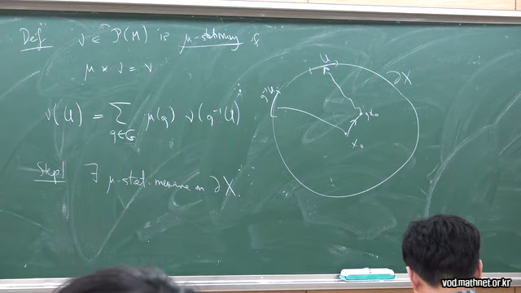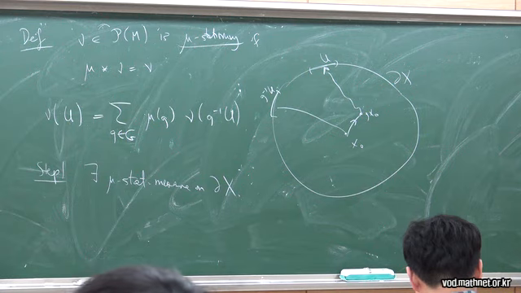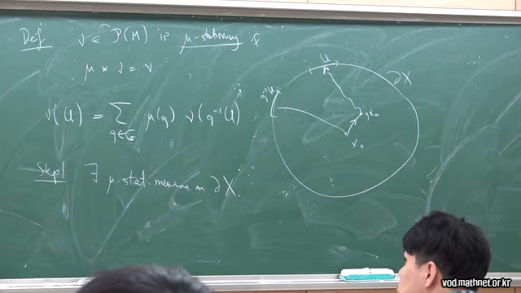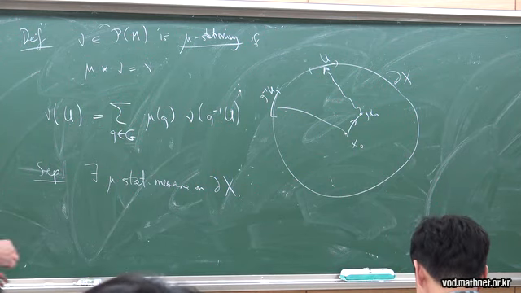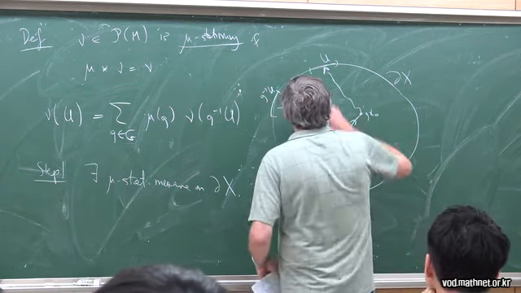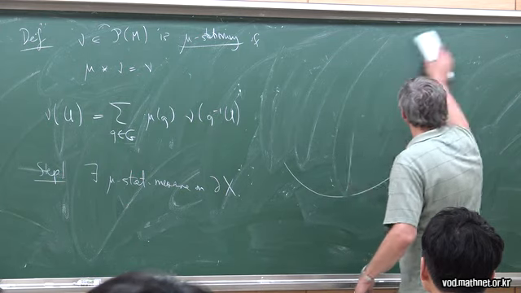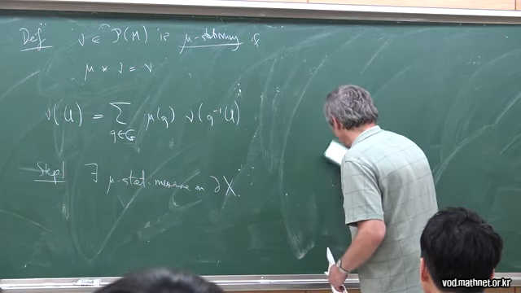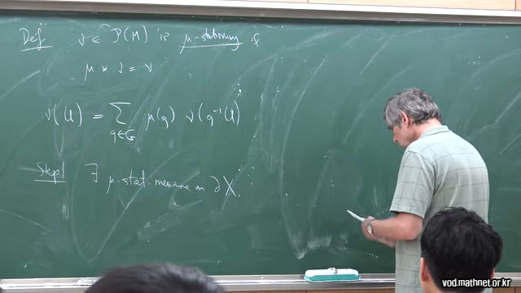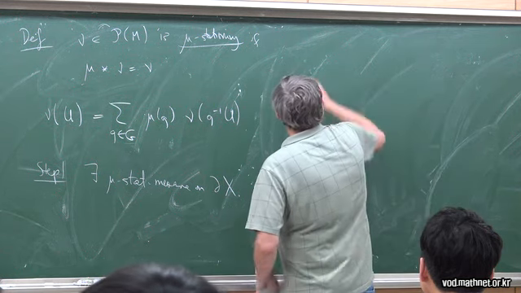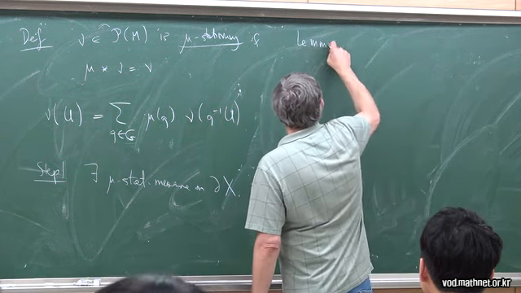Okay, so maybe what makes sense is to give you the proof in the compact case, and then talk about the horofunction boundary a little bit. Okay, so let's do that. So that's a lemma, and it's a very classical lemma.